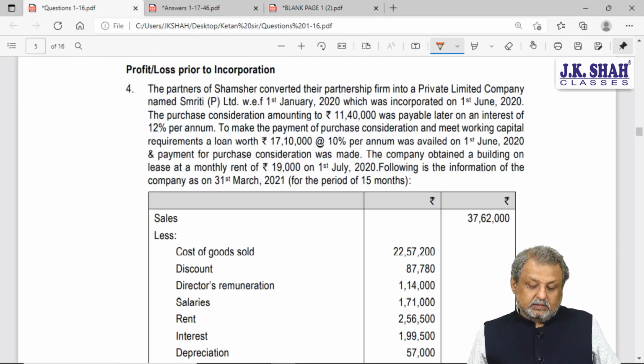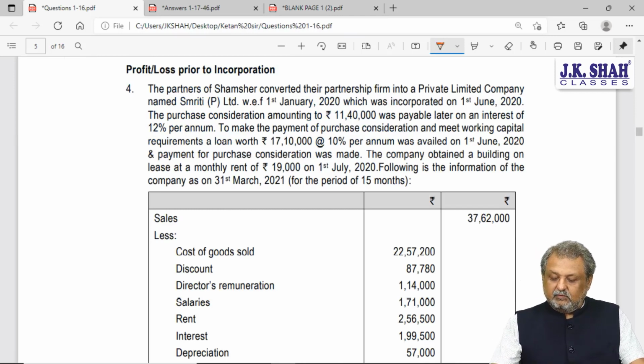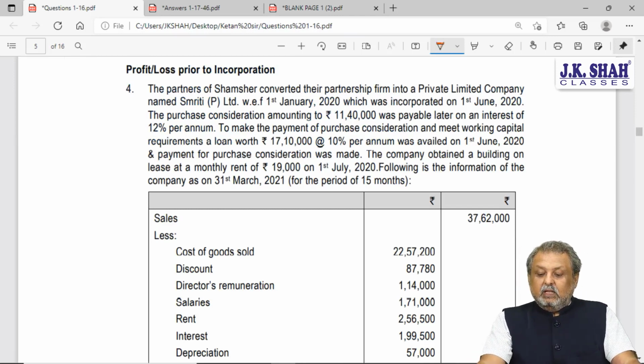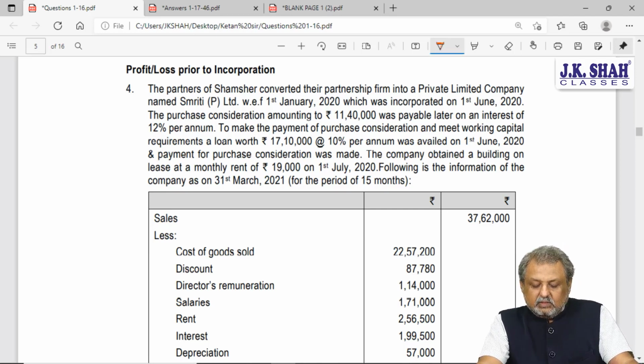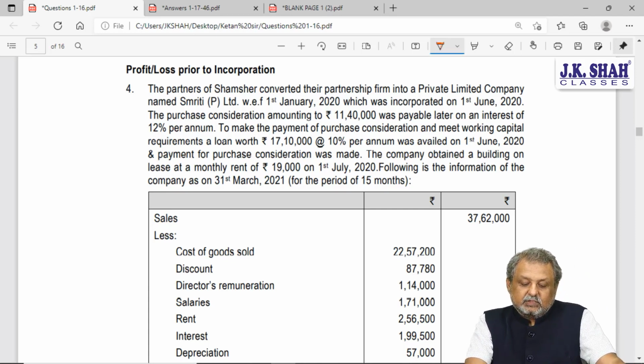Then the purchase consideration amounting to 11,40,000 was payable later on an interest of 12% per annum. But how much will be interest, that we will have to work out once we know what date the payment was made. To make the payment of purchase consideration and meet the working capital requirement, a loan of 17,10,000 per annum was availed on 1st June 20 and the purchase consideration was paid.